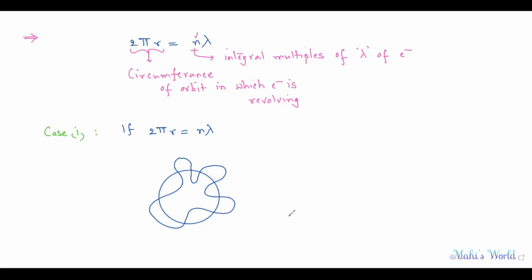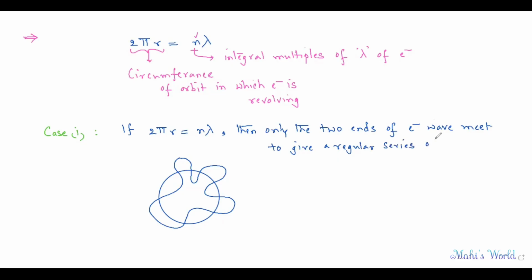This is how the electron revolves around the nucleus. Only when the circumference of the circle is equal to integral multiples of the wavelength do the two ends of the electron wave meet to give a regular series of crests and troughs.